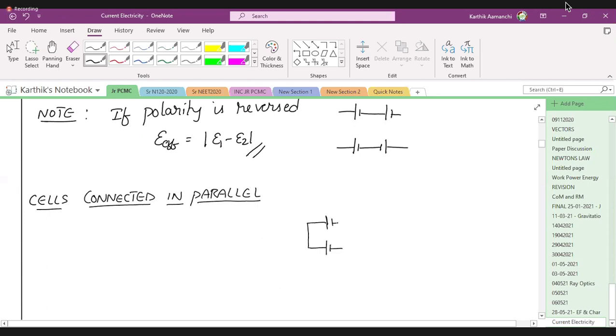See, I'm taking the internal resistance as a small resistance, okay? This is not external resistance. These are the internal resistances, okay? This is your external resistance.